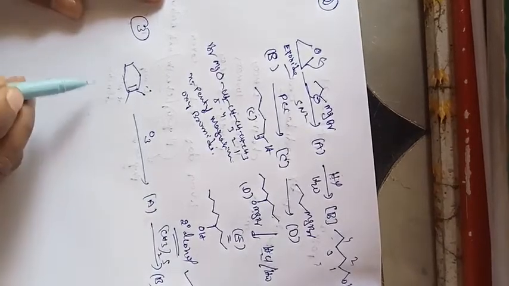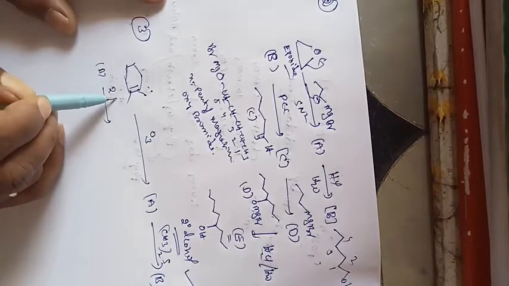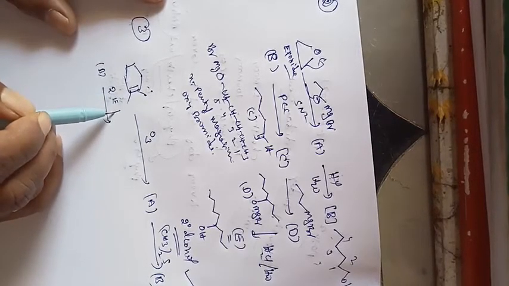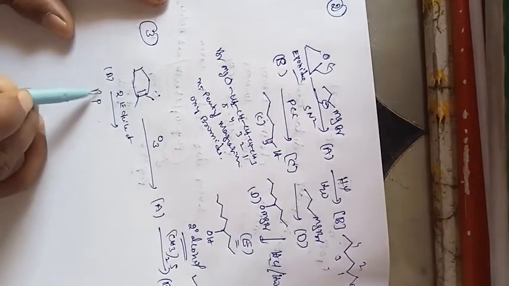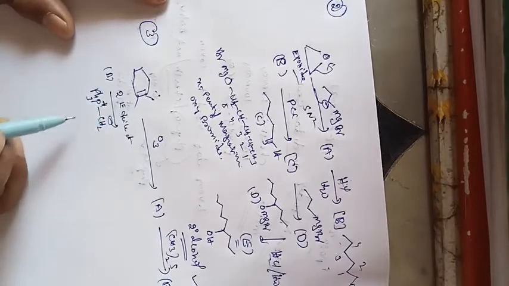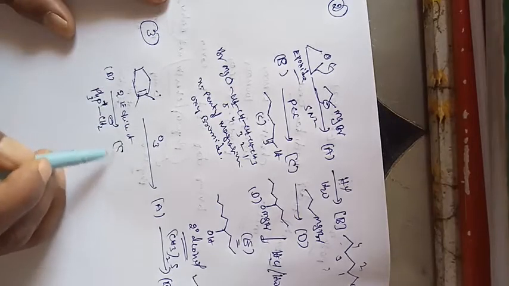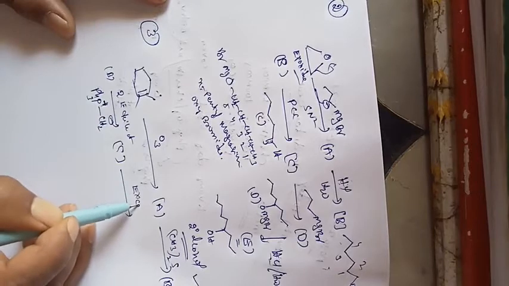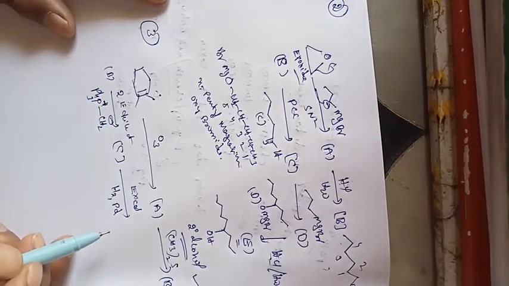So upon this B product, a reaction with two equivalents of Wittig reagent, triphenylphosphine methylene. So it gives the C product. Then excess hydrogen by using a palladium catalyst, and it gives the D product.